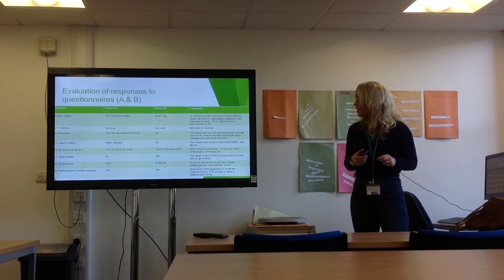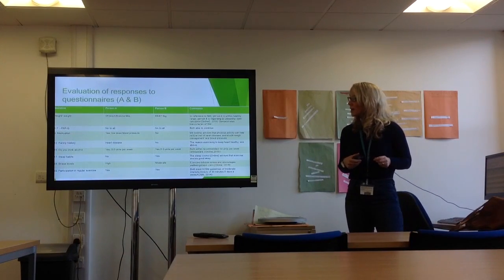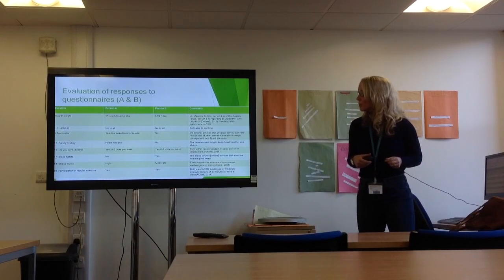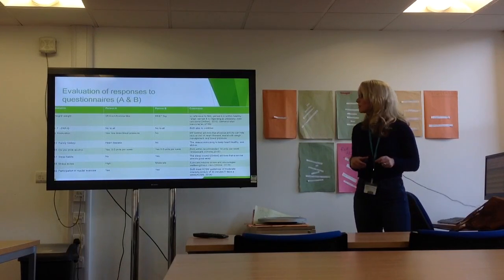So to compare and contrast, looking at their height and their weight, person A is 5'4" and she's 9 stone 9. Person B is 6 foot and 87.3 kilograms. I've looked at it in relation to BMI.